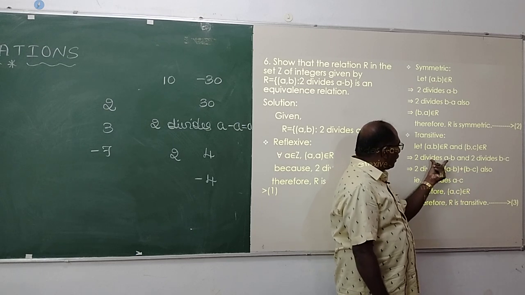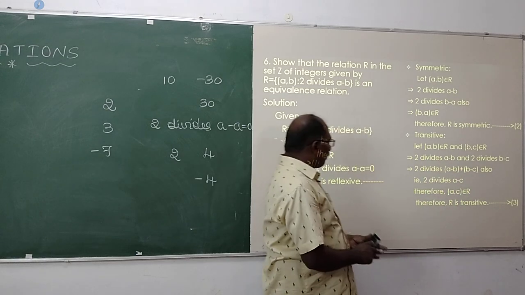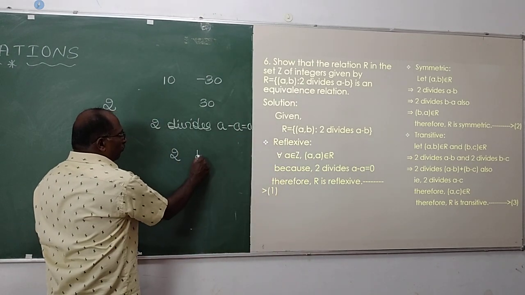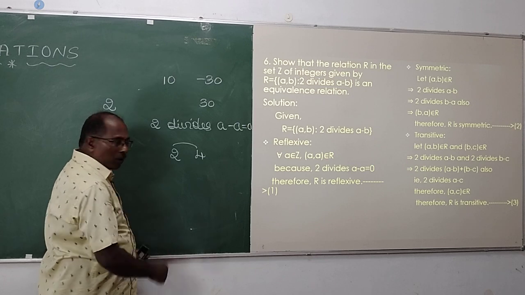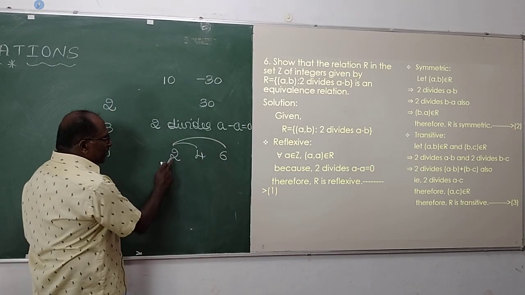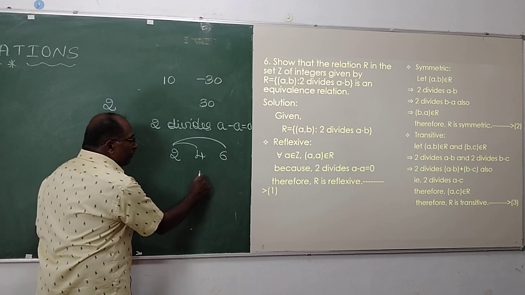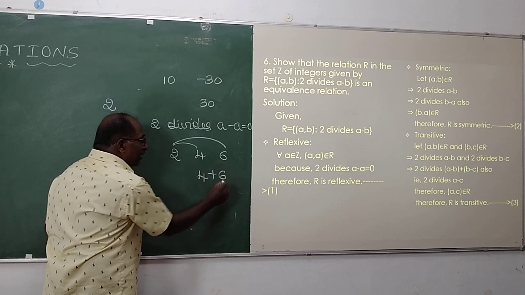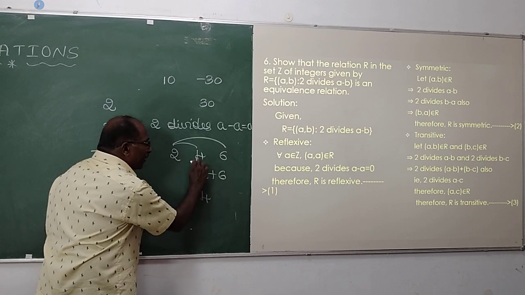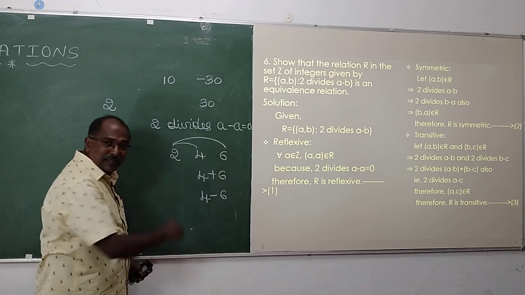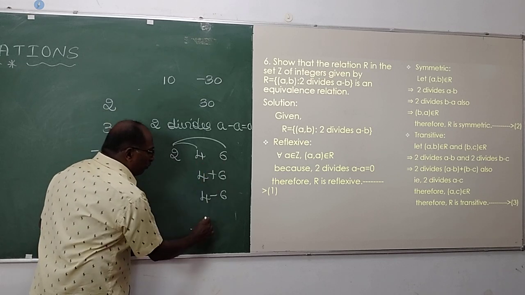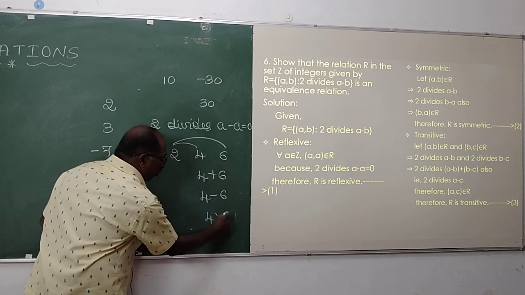Look here, this statement means that we know 2 divides 4 and 2 divides 6. What I am saying is that 2 divides the sum of 4 and 6, which is 10. This 2 also divides the difference of 4 and 6, 4 minus 6, which is minus 2. And also 2 divides the product of 4 and 6, which is 24.